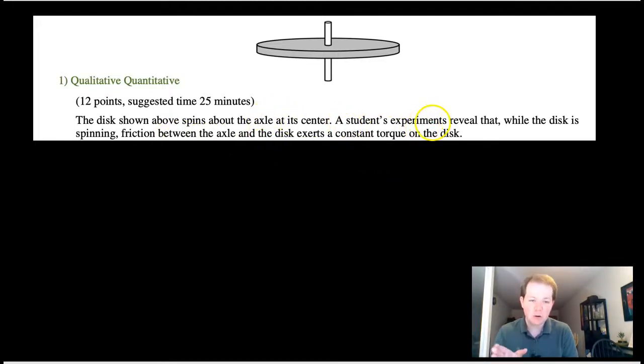A student's experiments reveal that while the disk is spinning, friction between the axle and disk exerts a constant torque. So this is maybe a little different than the problems we normally see. There is, in fact, friction between the spinning object, and they say that that friction is applying a constant torque. Makes me probably think that the frictional force is constant as well. Therefore, maybe keep that into account. We can't assume there's no friction because they're telling us otherwise.